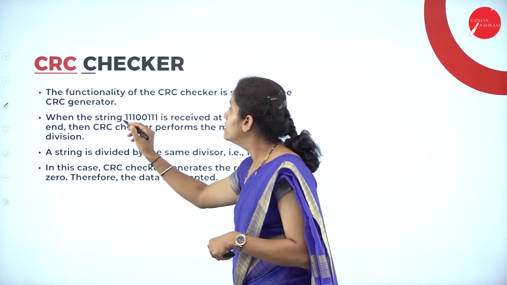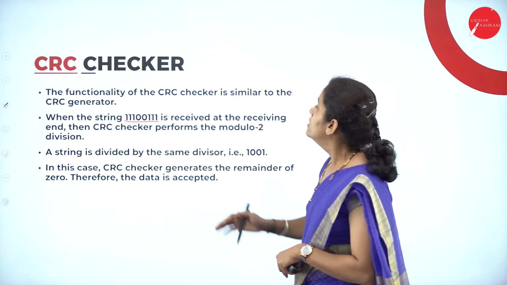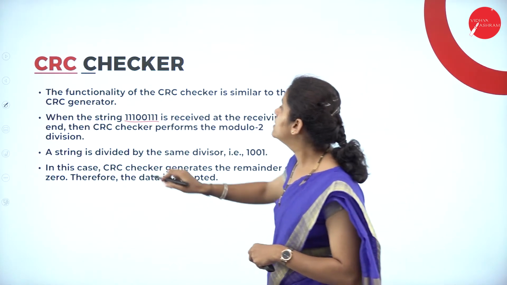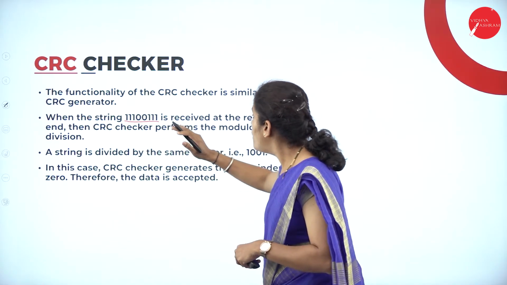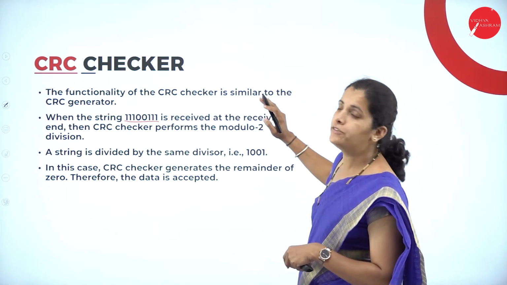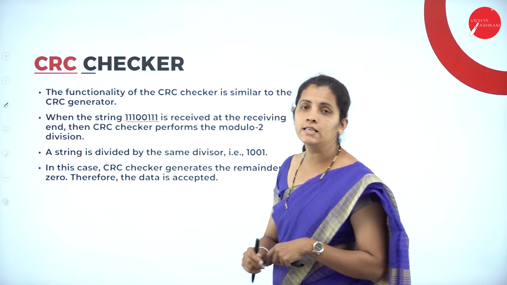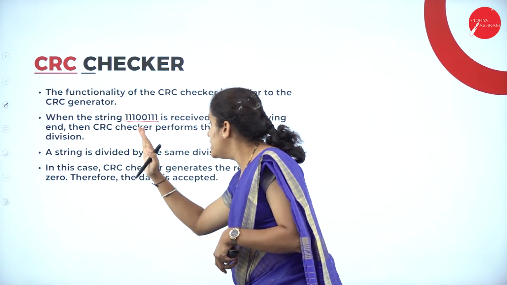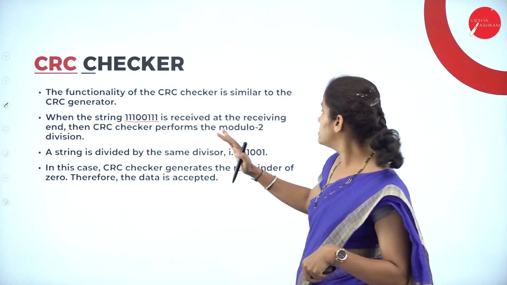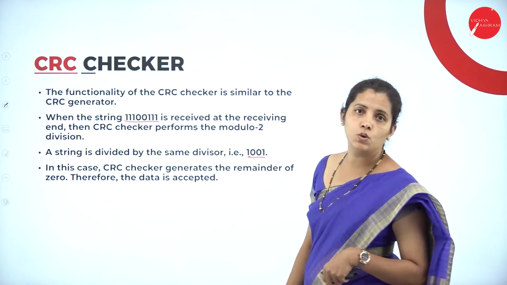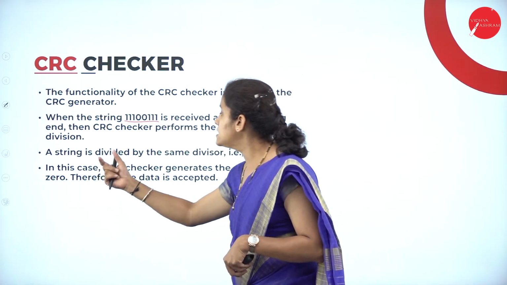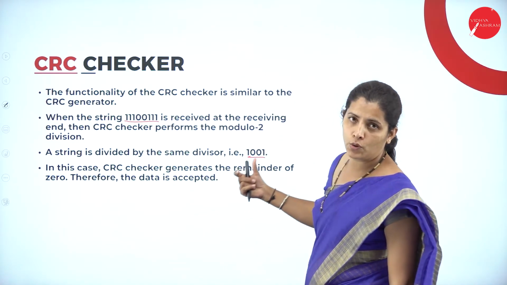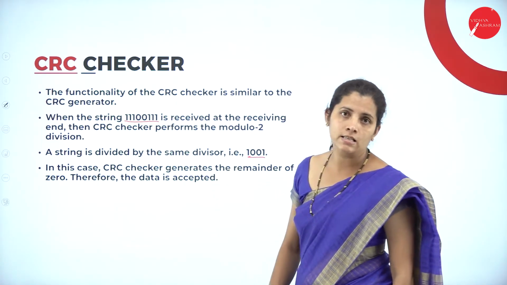When the string is received at the receiving end, the CRC Checker performs modulo-2 division, that is, binary division. The string is divided by the same divisor, 1001. If the CRC Checker generates a remainder of 0, then the data is accepted.